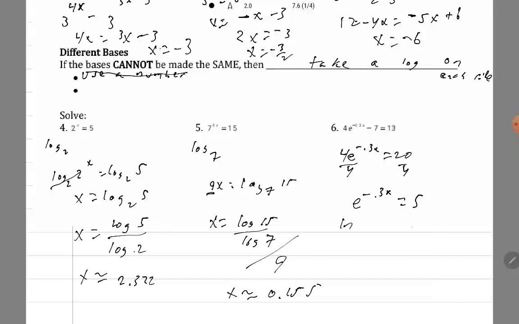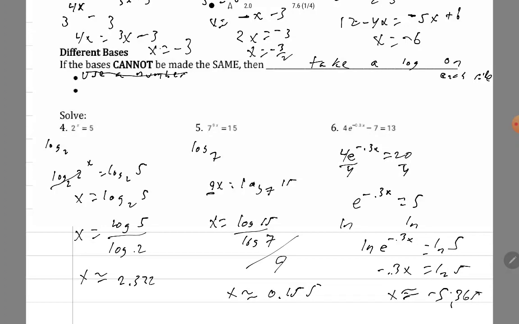So natural log of both sides. So ln of e to the negative 0.3x equals ln of 5. Those will cancel, so I'm left with negative 0.3x equals ln of 5. And divide by negative 0.3, and we'll get about negative 5.365.